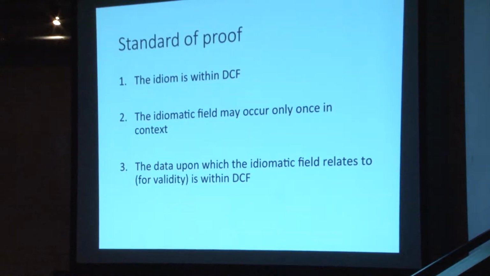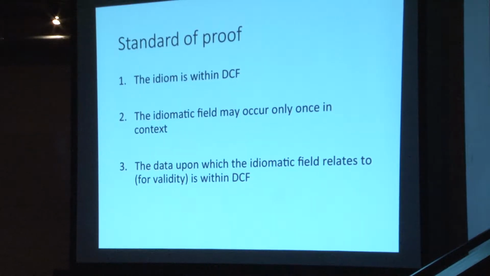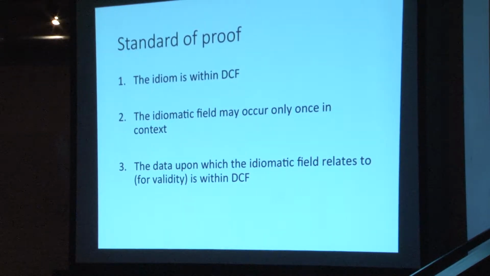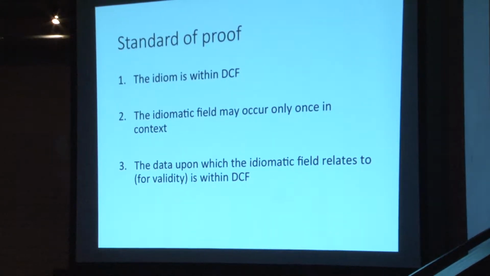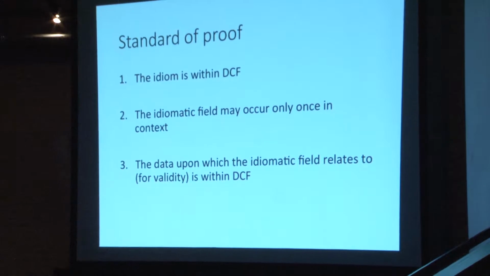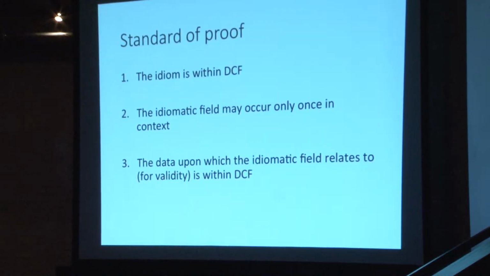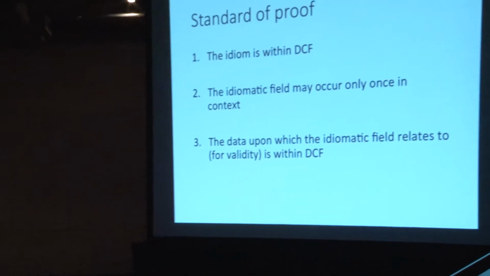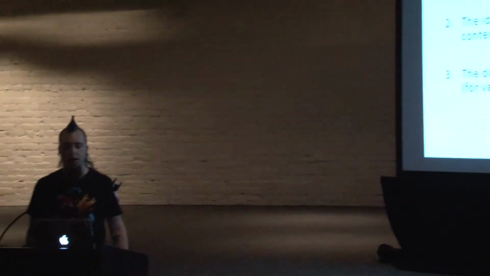So here's the standard of proof for whether we can tell if an input language is safe based on this criterion alone, remembering that there are 6 others in the previous work. We know that all of the idioms within it are within deterministic context-free, and that there is closure under the accretion of these idioms into the protocol, so that the way that they're used doesn't end up creating some kind of implicit cross-reference or something that would lift the language.